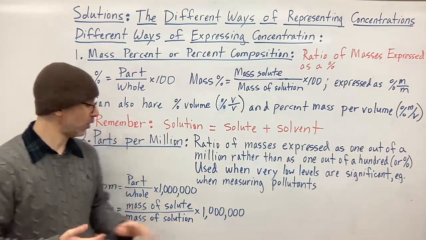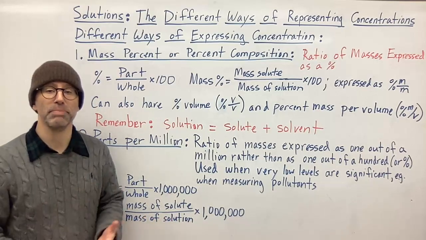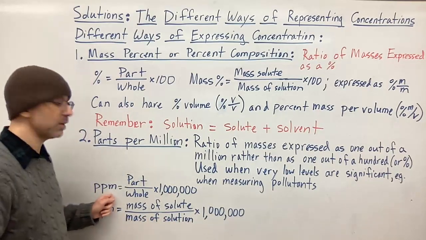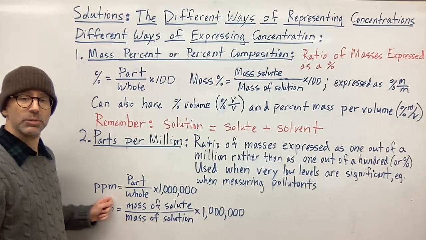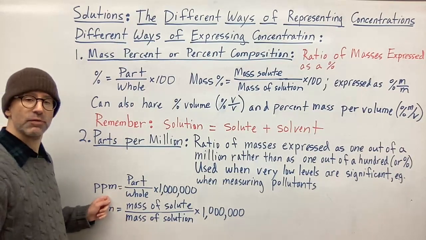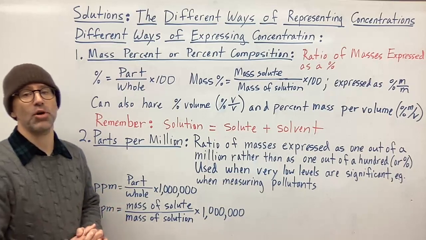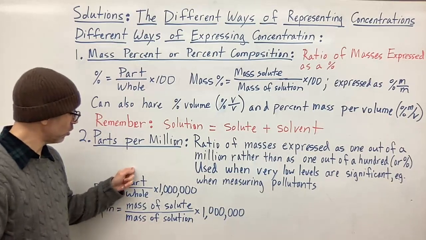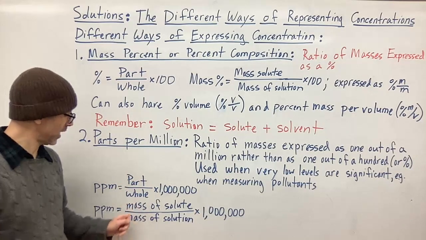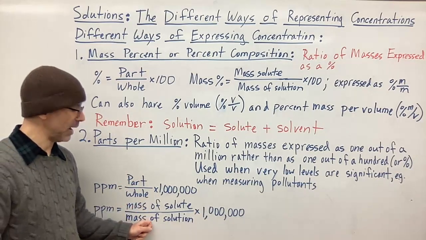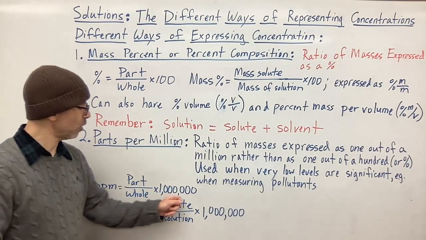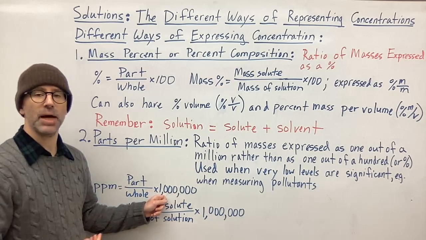Another concentration that I don't have written down is parts per billion, right? So ppb would be the abbreviation for that. And again, as you can guess, parts per billion is going to be expressed as part divided by the whole, which is again mass of solute divided by mass of solution. Instead of being multiplied by a million, it's multiplied by a billion.